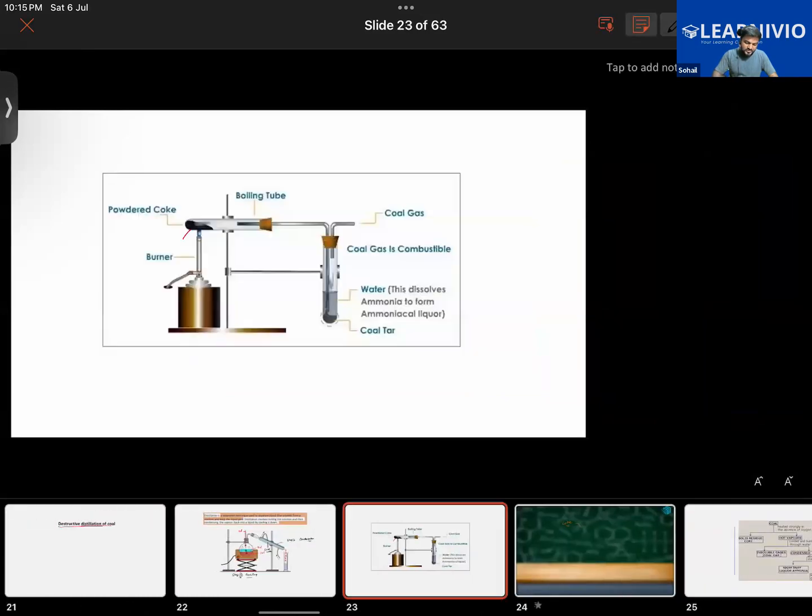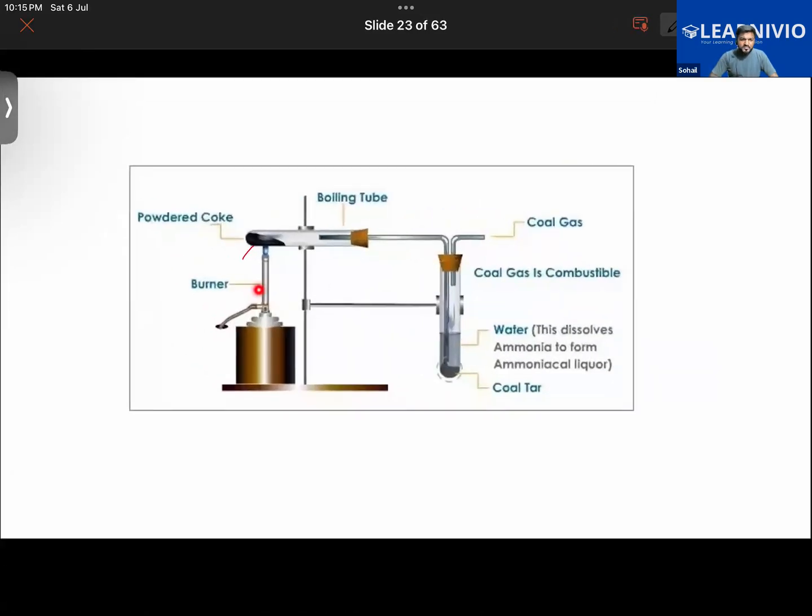Because the main product obtained in the destructive distillation of coal is coke, which is the purest form of carbon. So this is very valuable. In the process of obtaining coke, we get coal gas also as a byproduct, apart from coal tar.